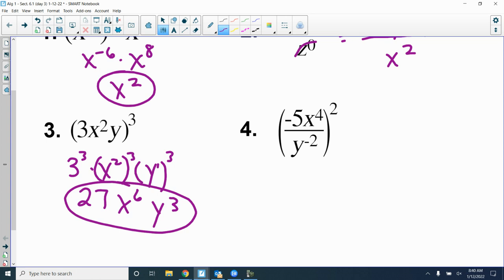Okay, now, everything in number 4. How many terms do I have in the numerator? 2, right? Everything gets raised to the second power. How many terms in the denominator? It gets raised to the second power too, okay? So I have this.